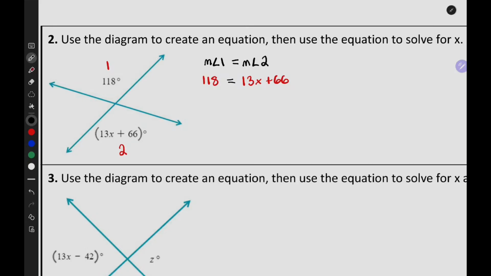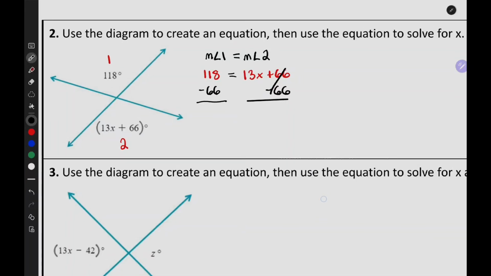Alright, so here we go. I'm going to subtract 66 from both sides. I see that plus sign, and that's my constant term, so I'm going to eliminate that from the right side, so I'm going to also subtract it from the left side. And 118 minus 66 is 52.